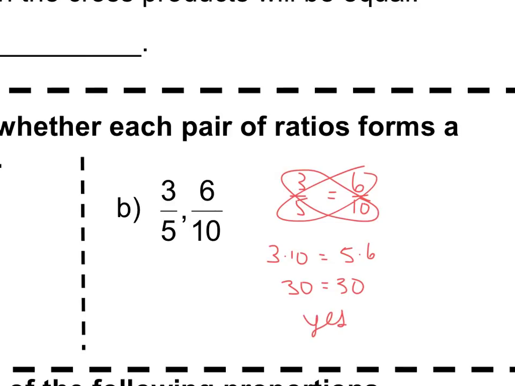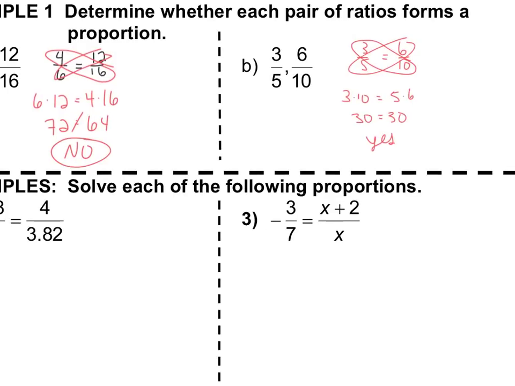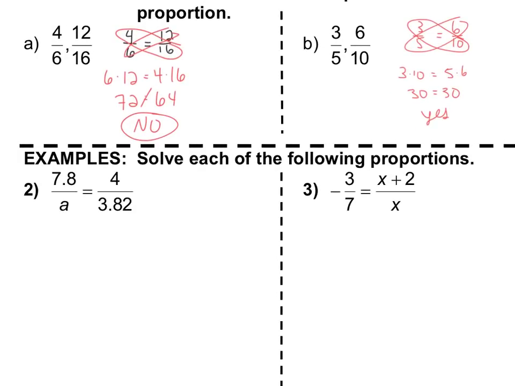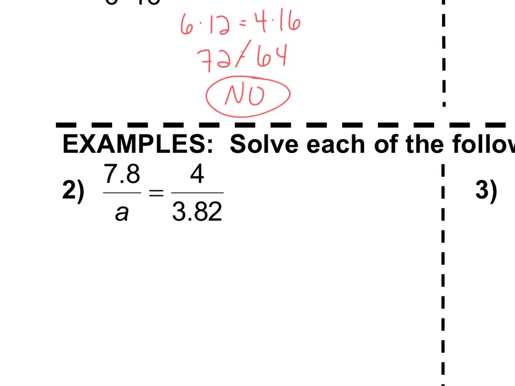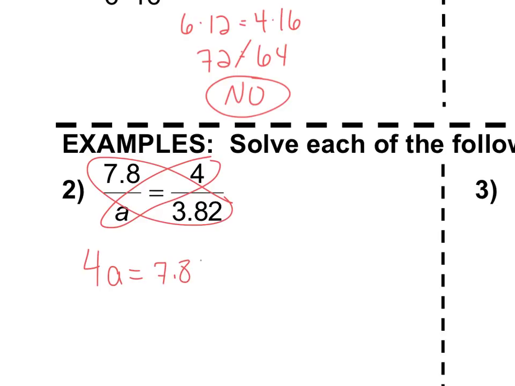So those are pretty easy to find out, but what we're going to have to do now is solve each of the following proportions. Now, they've told us they are proportions, so they should be equal when we cross multiply, meaning we can cross multiply, set them equal to each other, and solve for the missing variable. Now, this one's going to be kind of decimally. First, I have A times 4, which is 4A, equals 7.8 times 3.82.